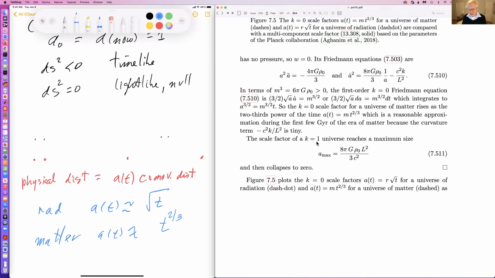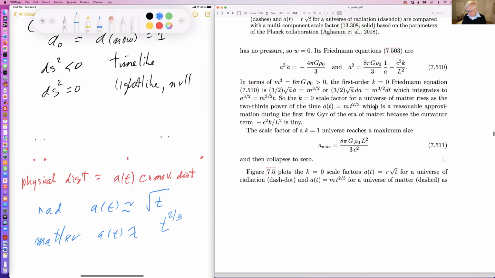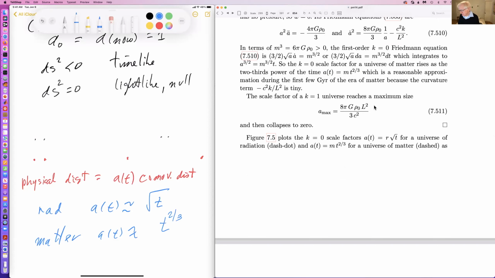And there, if you have a k equals 1 universe, you get a maximum size like that, and then it collapses to 0. The fact that the universe is pretty old, almost 14 billion years, and hasn't collapsed, leads one to suspect that either k is 0 or negative, or there's dark energy and so forth.